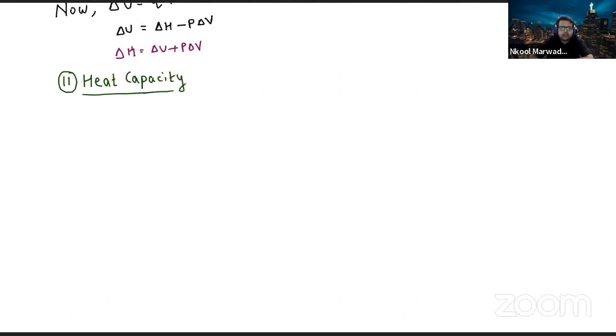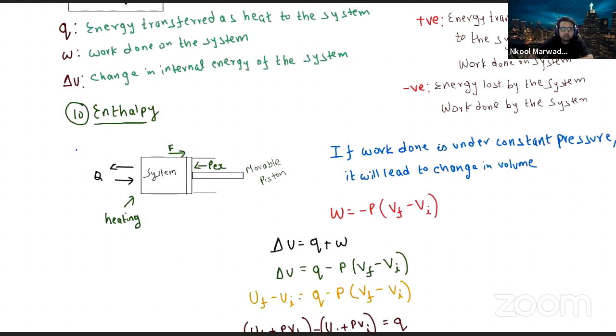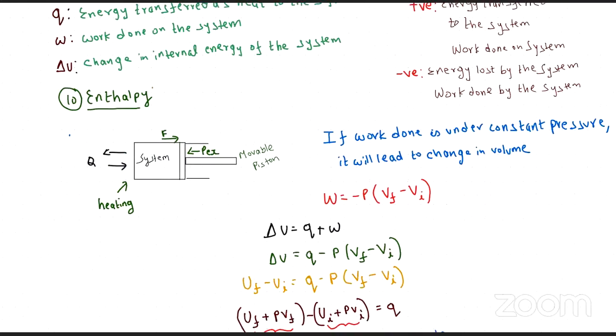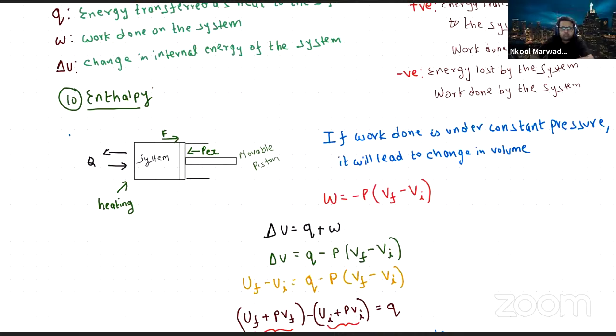We denote this heat capacity by capital C. We denote the enthalpy by capital H. Now let us look at what is this heat capacity.